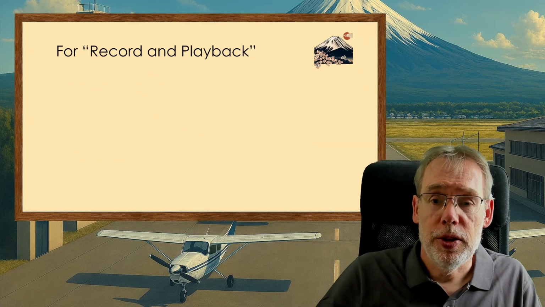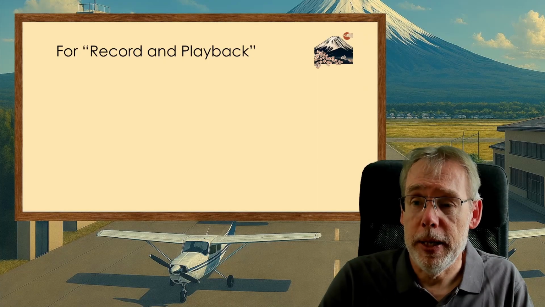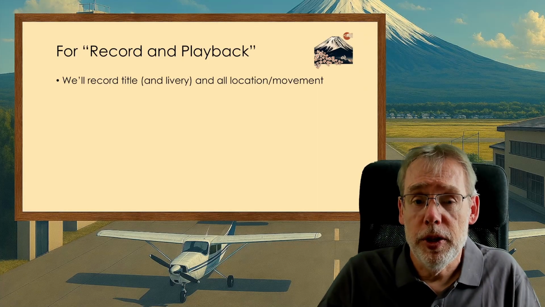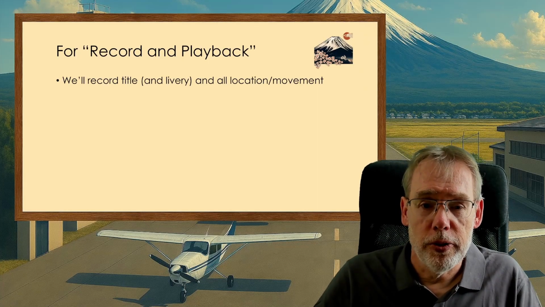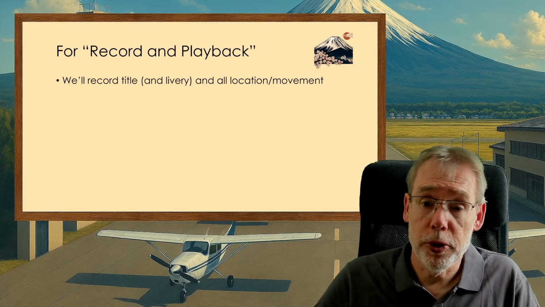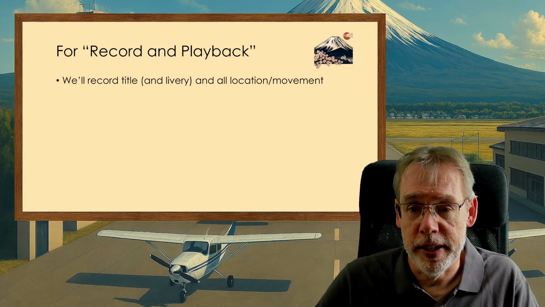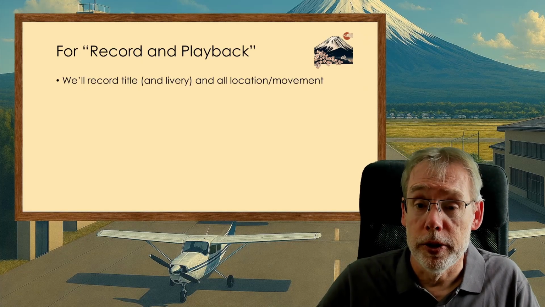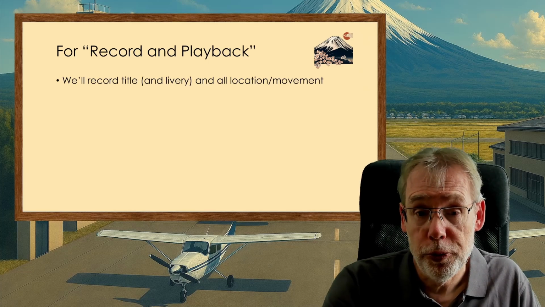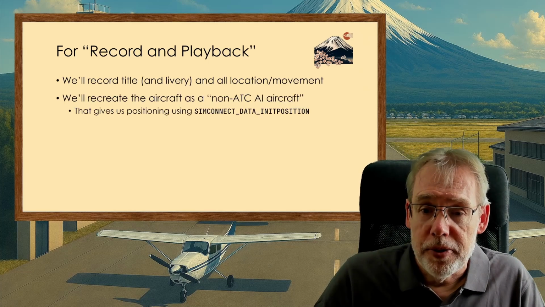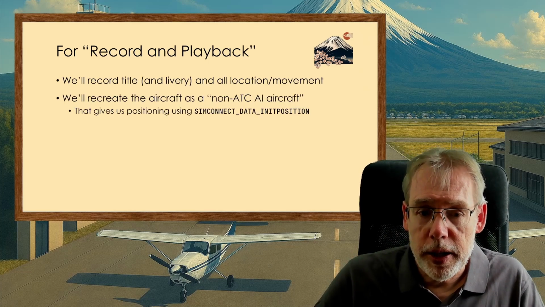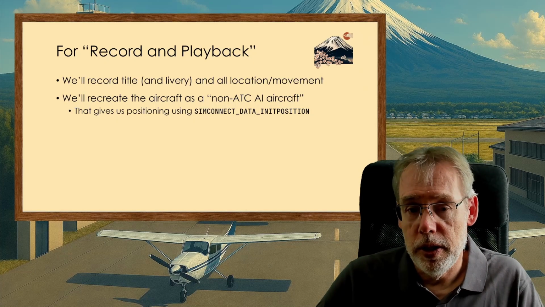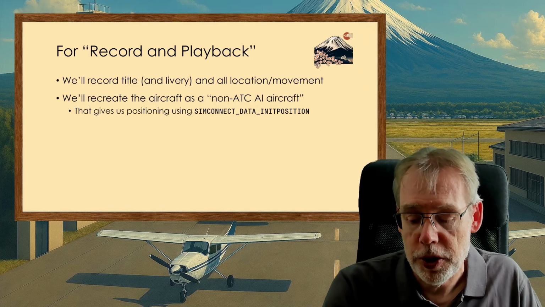Okay, let's go back to the goal, record and playback. So what we're going to do simply is just record the title, or for 2024, title and livery, and then we'll record the location and movement. We'll recreate the aircraft as a non-ATC AI aircraft that gives us the positioning using the init position record.